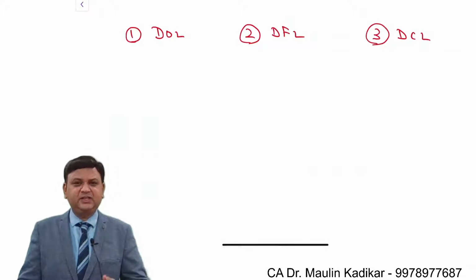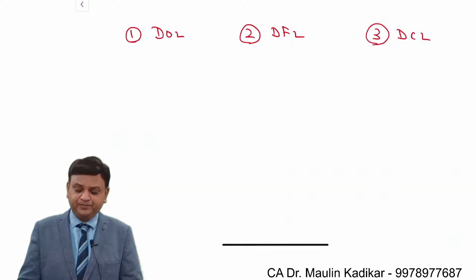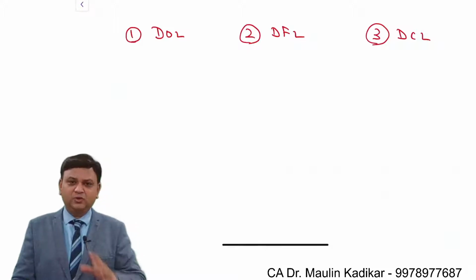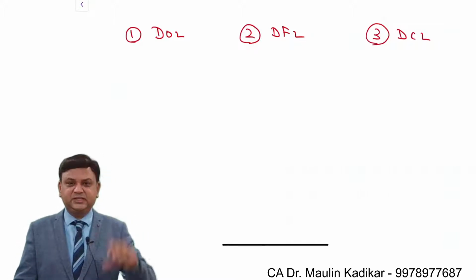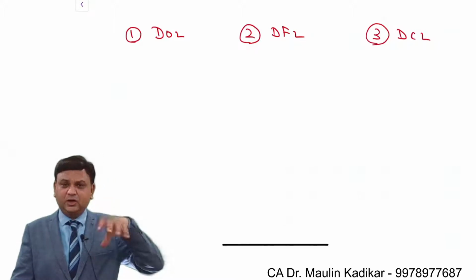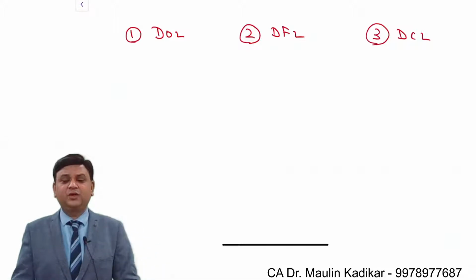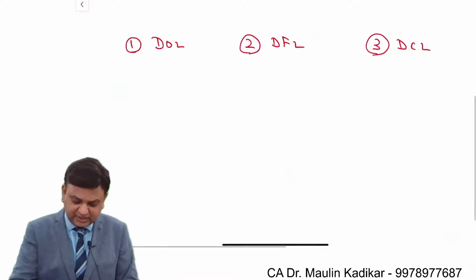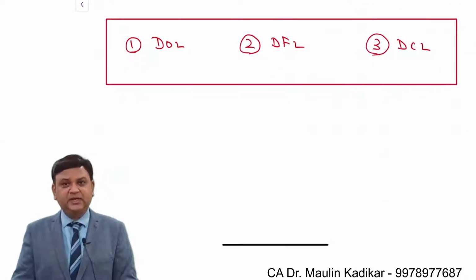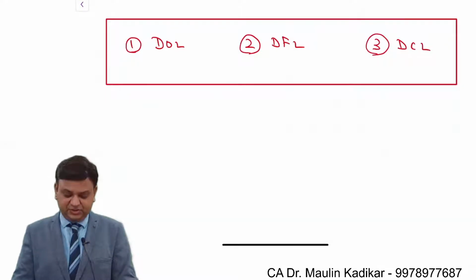What do we understand with DOL, DFL, DCL, all those things, we are going to understand. I just want to give you first of all a helicopter view of what we are going to understand in this chapter. So there are three leverages: operating, financial and combined leverage.